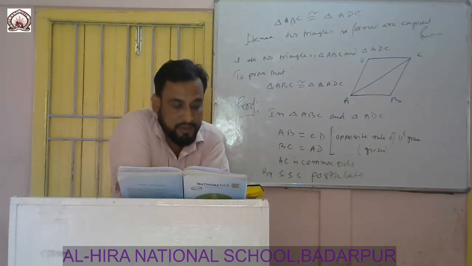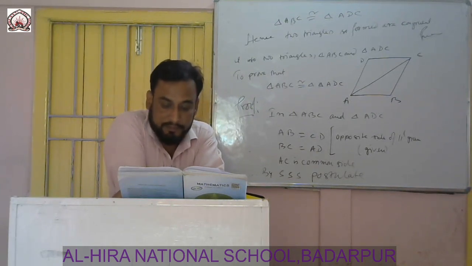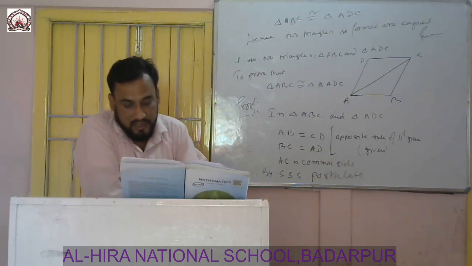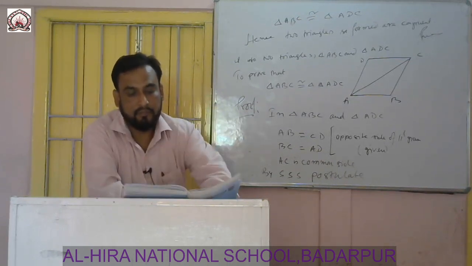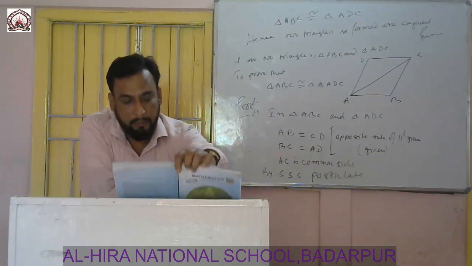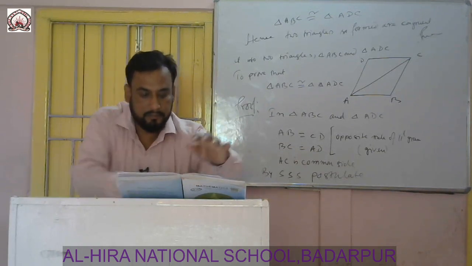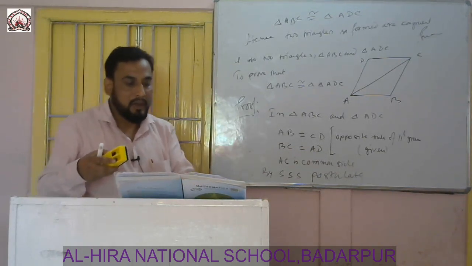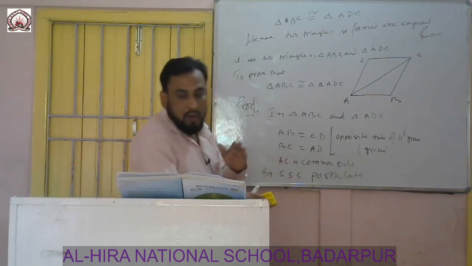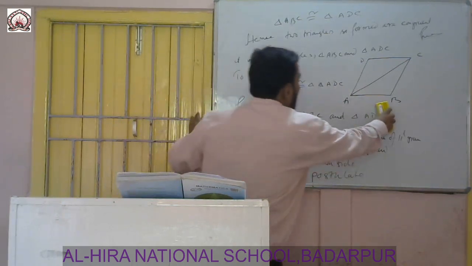Next one is theorem 8.2. In a parallelogram, opposite sides are equal. Elaborately, we can say that opposite sides of a parallelogram are equal. Here also one parallelogram is required, so keeping that diagram as it is.